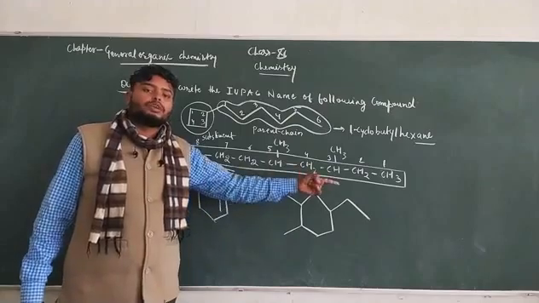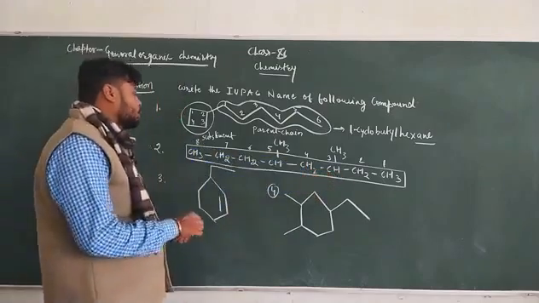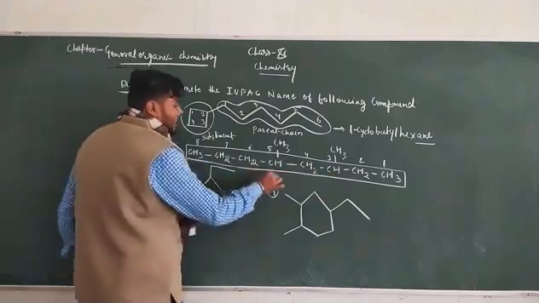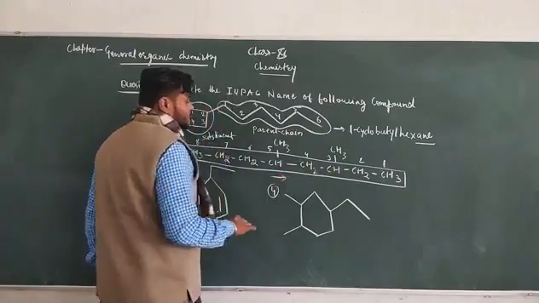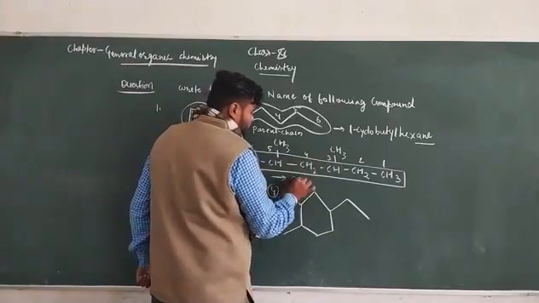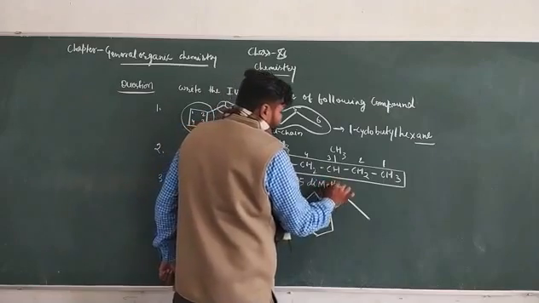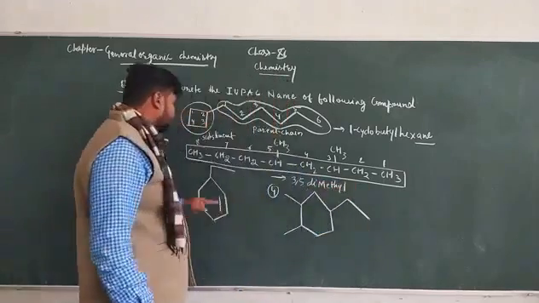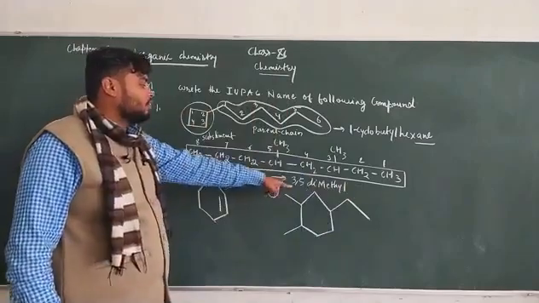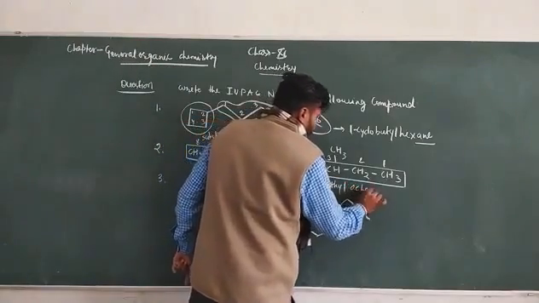For the lower position, we have to do numbering from this side only. That means the name of this compound is written like this: 3,5-dimethyloctene.